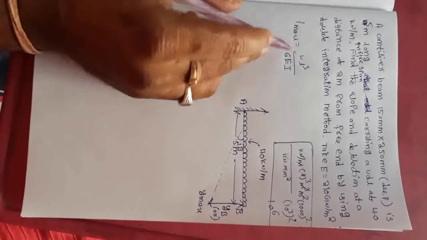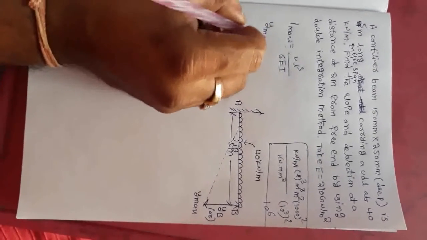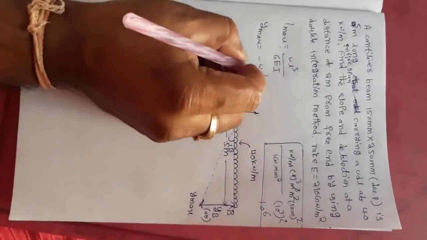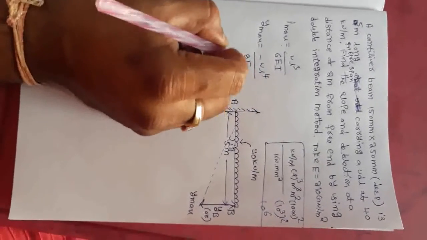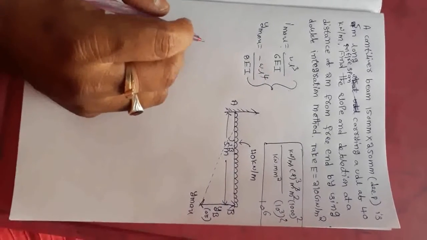That formula is θ maximum equal to W L cube by 6 EI for the UDL over the entire span, and next y maximum equal to minus W L power 4 by 8 EI. So by these two formulas you can find the slope and deflection at the free end.